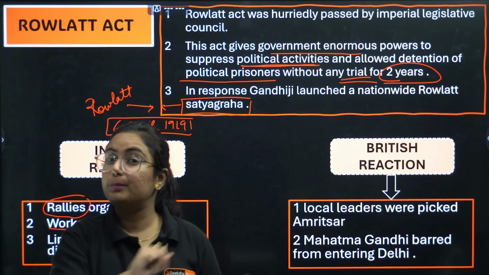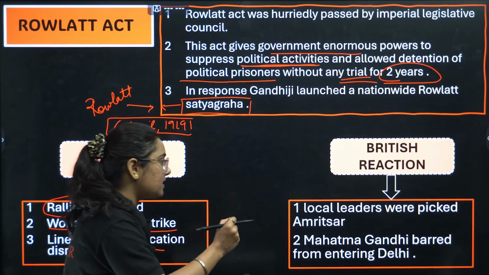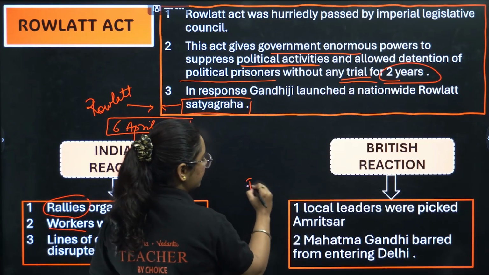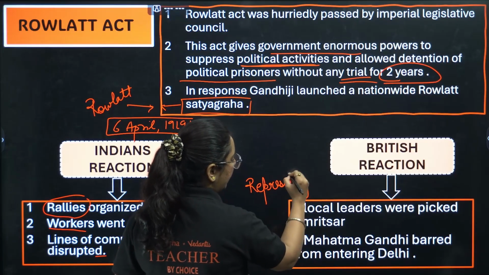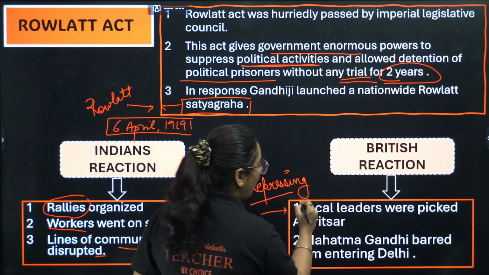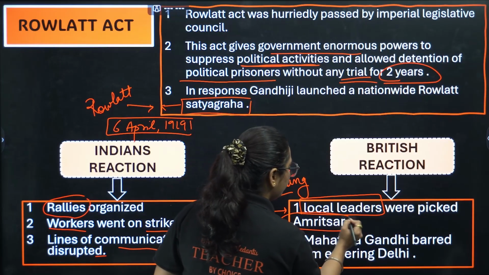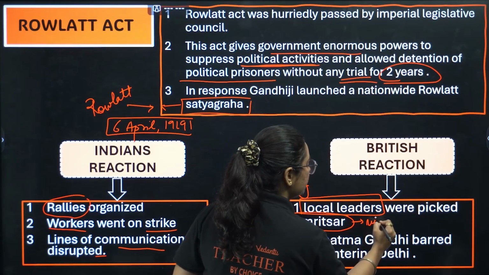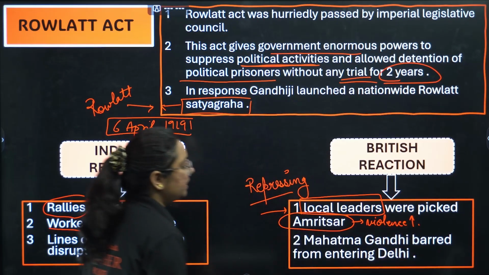But do you think Britishers will stay quiet? No. Britishers this time started repressing the acts of Indians. They arrested all the local leaders, particularly from Amritsar, because we have seen some violence or anger among the people in Amritsar.